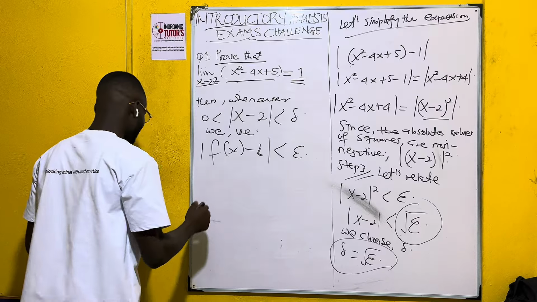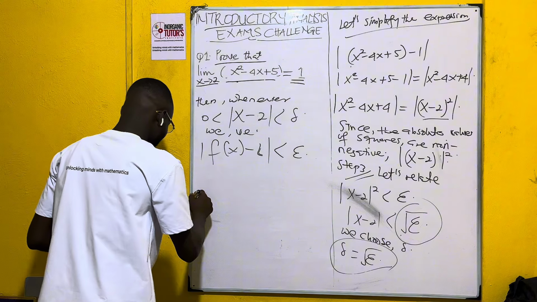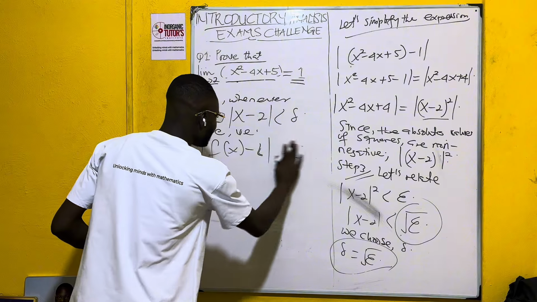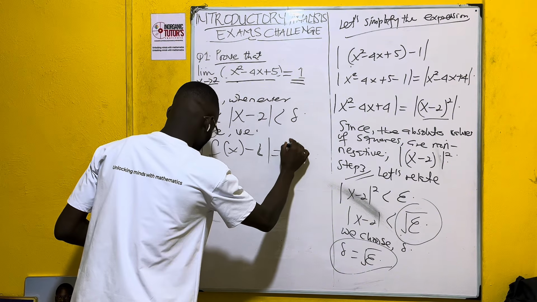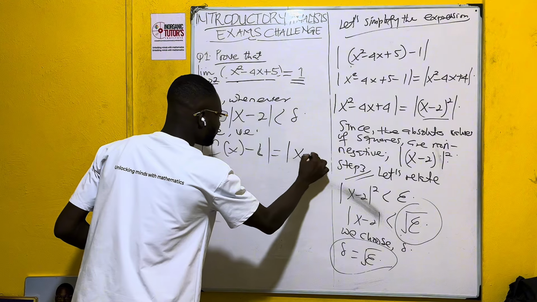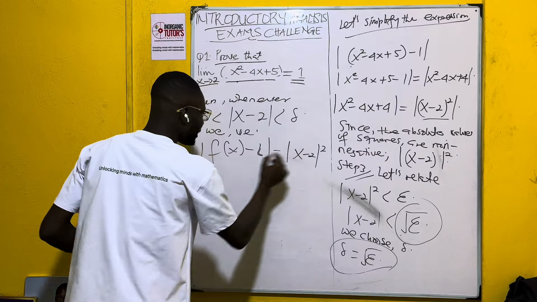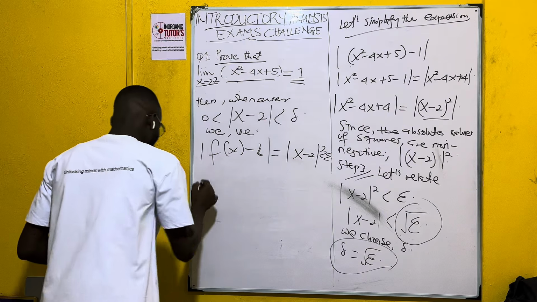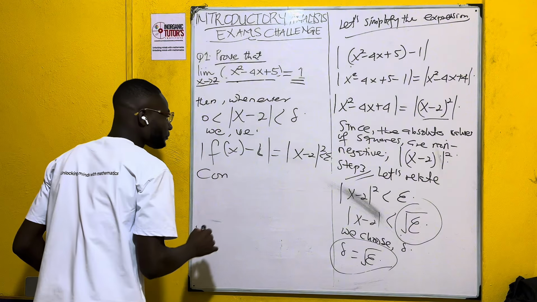And we know that this is equal to absolute value of x minus 2 all squared, and this is less than epsilon, right?